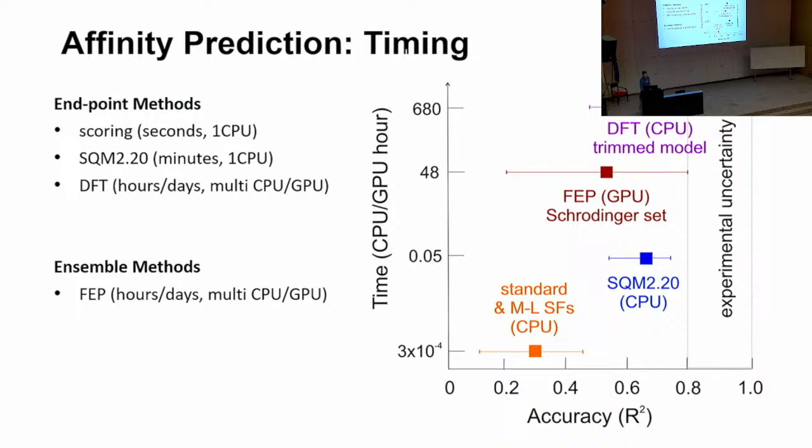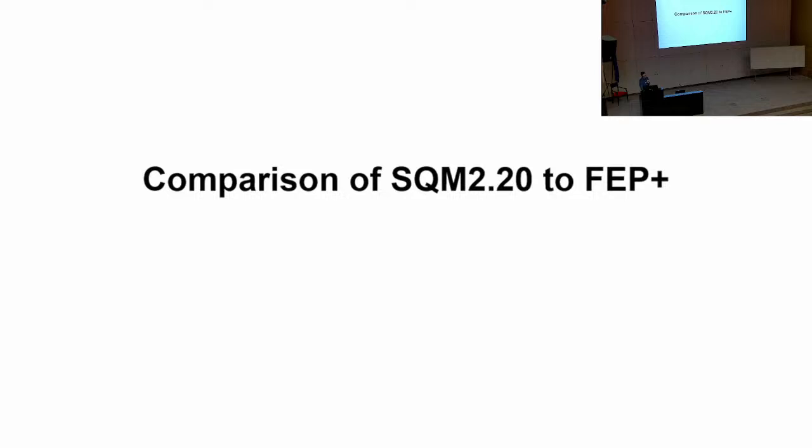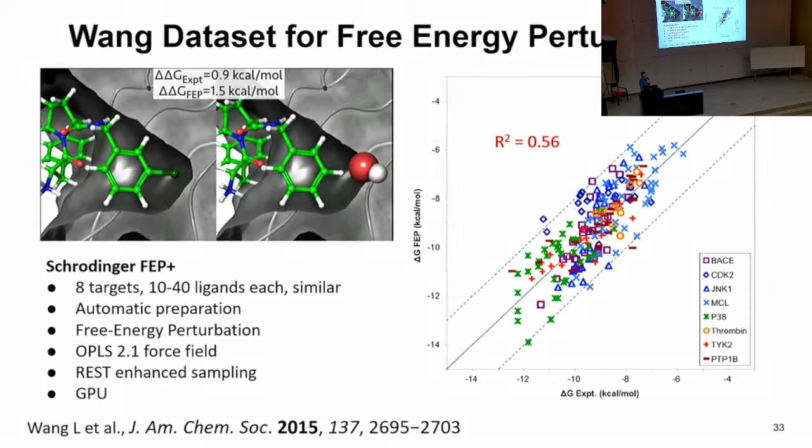So now that we've done, let's say, the simple test with standard scoring functions and the more advanced test with DFT, the real test is with FEP, which runs on GPUs mostly.